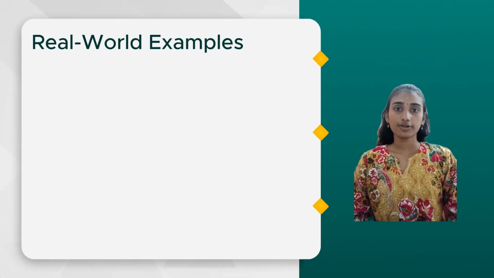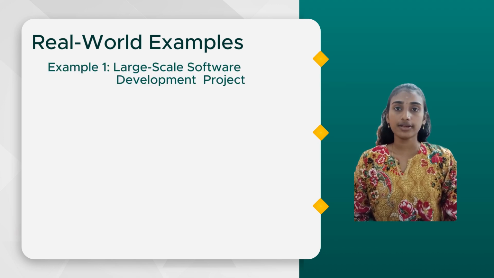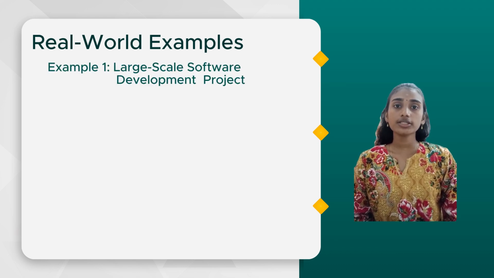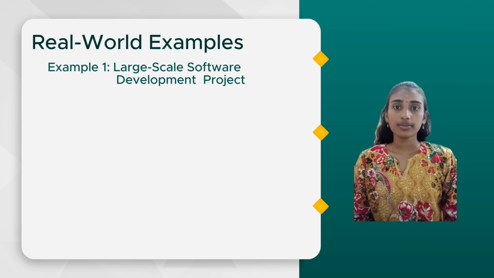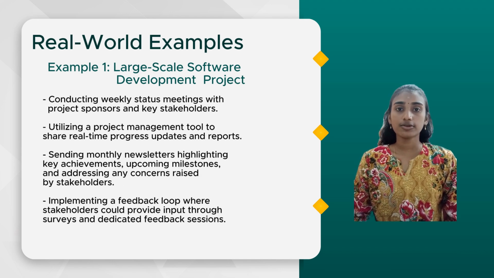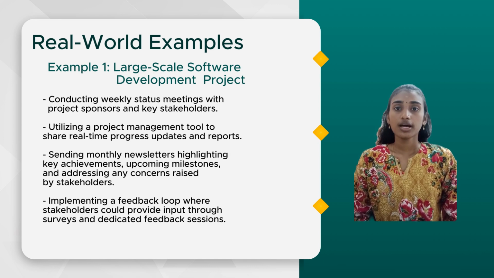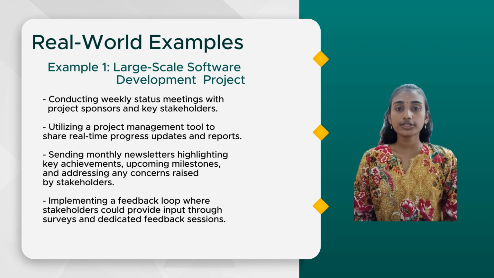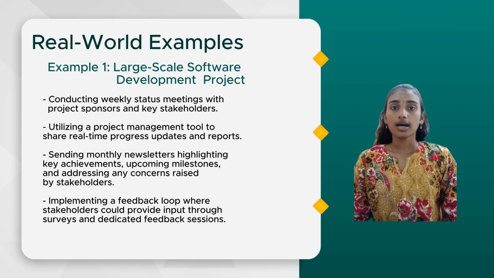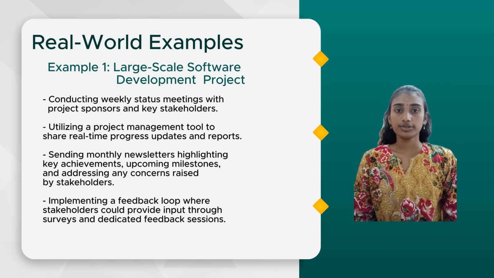To illustrate these concepts, let's look at a real-world example of a large-scale software development project for a financial institution. In this project, managing stakeholder communication involved several key strategies. Weekly status meetings were held with the project sponsor and key stakeholders to provide regular updates and discuss any issues. A project management tool was used to share real-time progress updates and generate reports that were accessible to all stakeholders.